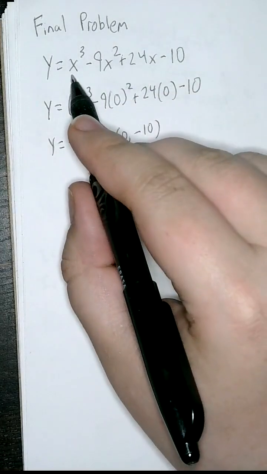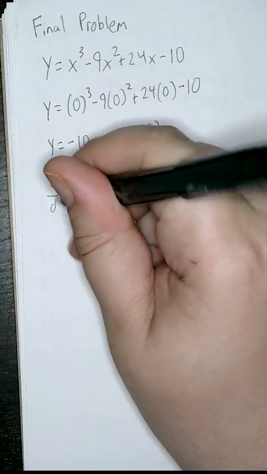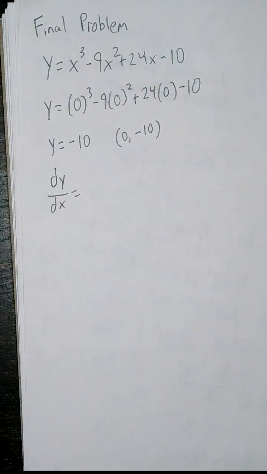So I'm going to take the derivative of that function. dy/dx is equal to what? What would the derivative equal? Flash says 3x squared minus 18x plus 24. Charles says x squared minus 18x plus 24.